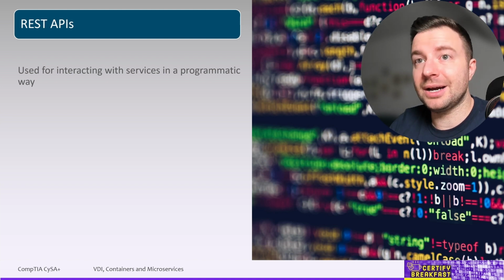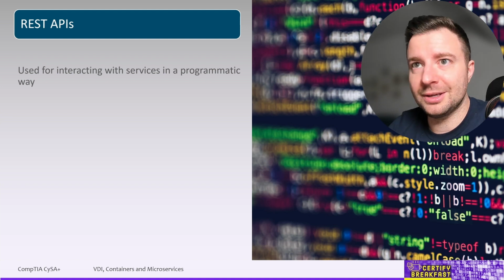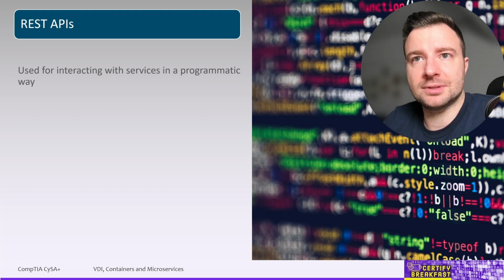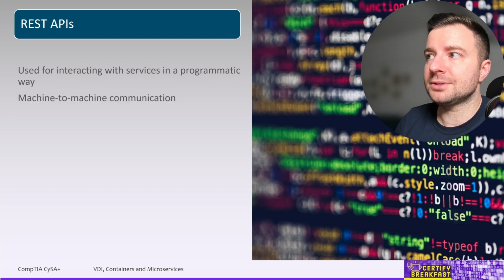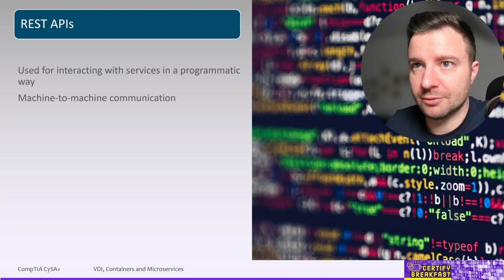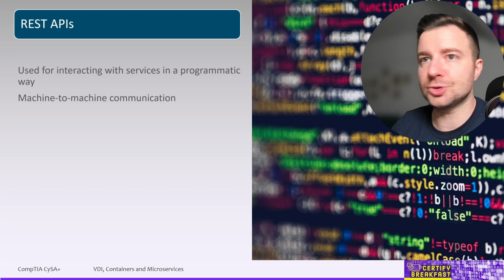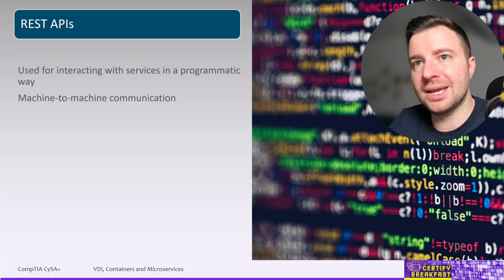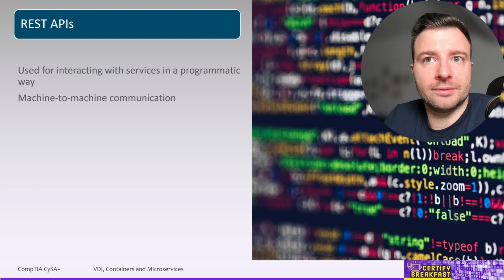So finally, APIs are a very popular way to interact with systems, with applications, with services, with web services. And they are used in scenarios such as interacting with web services in a programmatic way, like from scripts or automated tools, orchestration tools, including programmatically creating and managing resources in cloud environments.